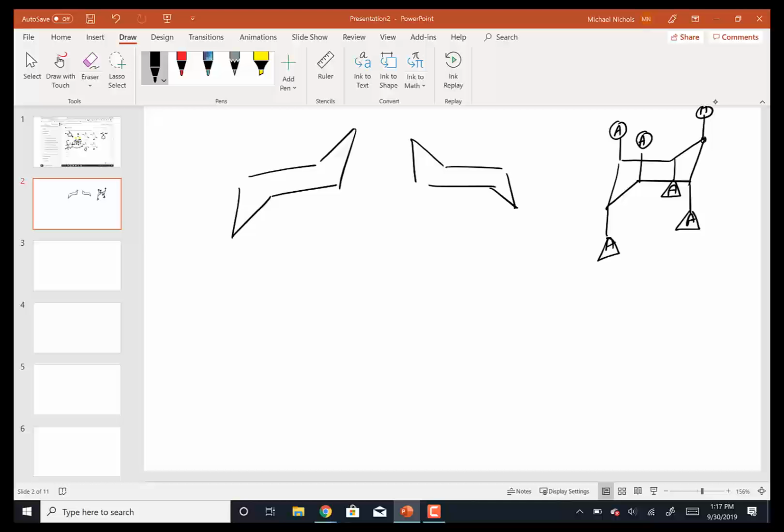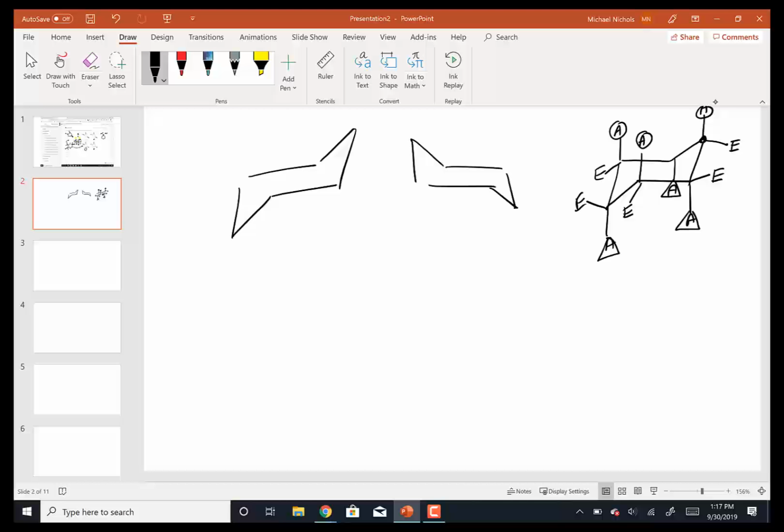So if we start at this carbon right here, that's my equatorial position. And it's pointed kind of down because that is below the plane of the ring. On this one, the equatorial position is up, but it's still roughly in the plane of the ring. And so then we can go around the ring and draw out our equatorial positions.